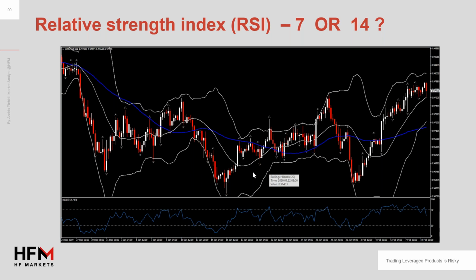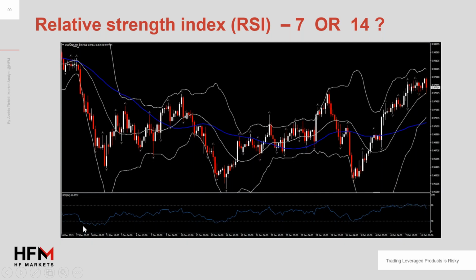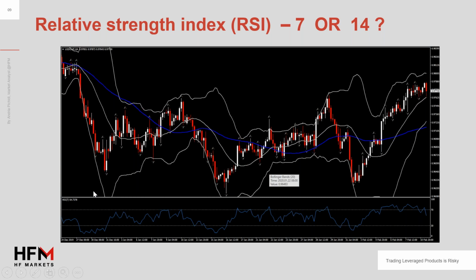So actually, for the 4-hour chart in Swiss, the default settings worked perfectly. But by changing the RSI to a 7 period, can you see the 7 period? We noticed that it gave us better signals. Look at that.